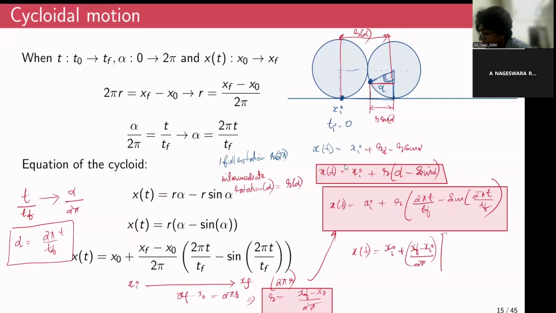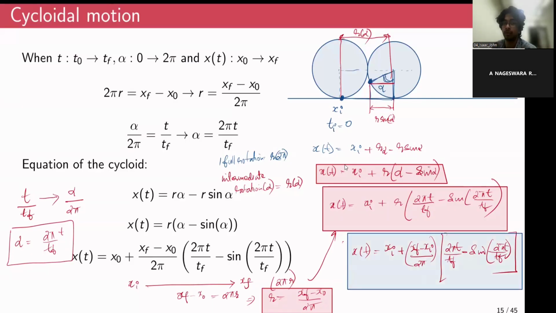This entire term would multiply 2 pi t by tf minus sine 2 pi t by tf. So this final equation would be the governing equation of a trajectory that basically emulates a cycloidal motion.